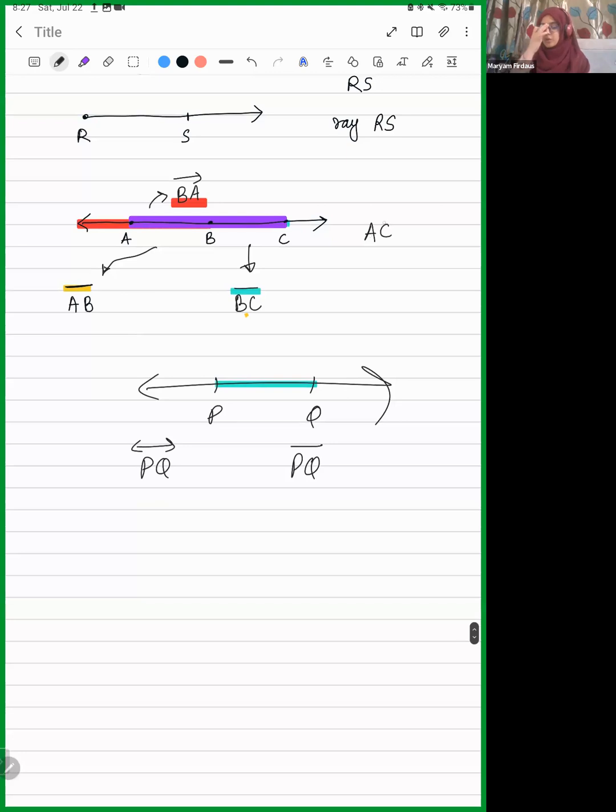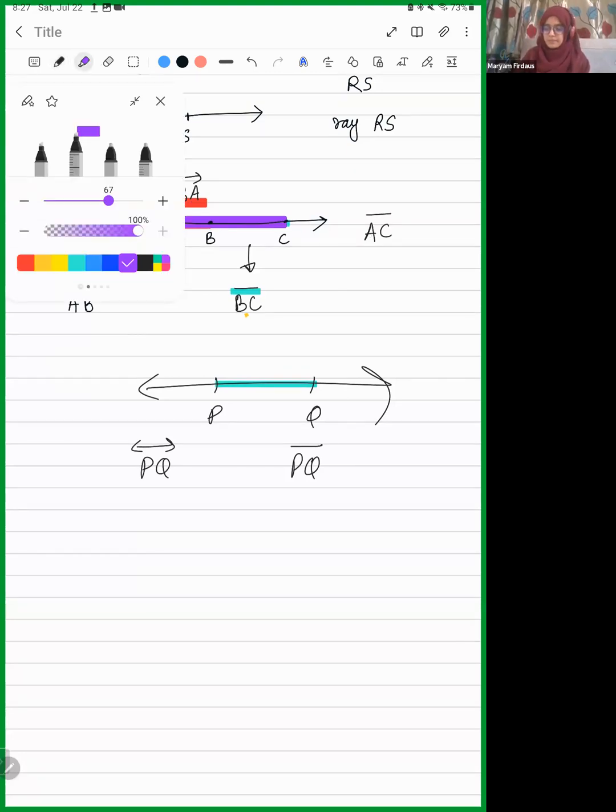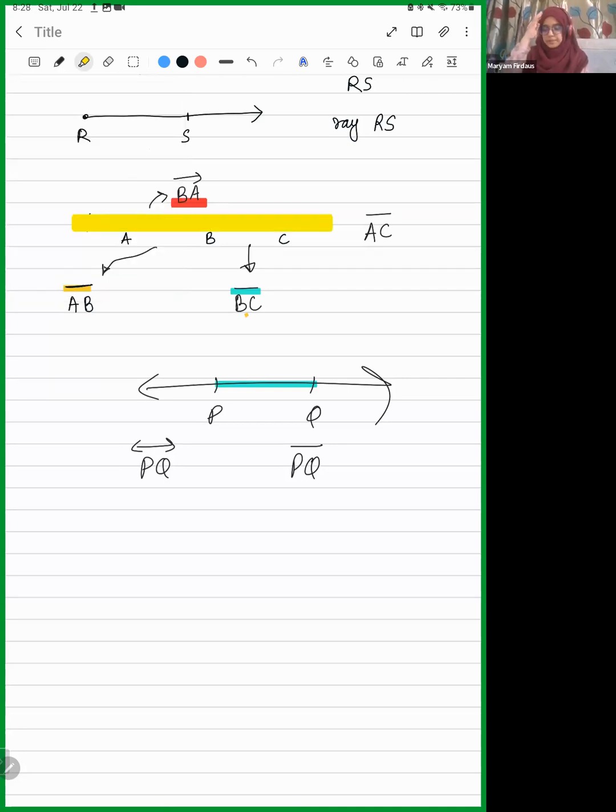Okay, good. Now how about if I take this one? What does this become? What do I name it? Yes, what is the name of this yellow portion?